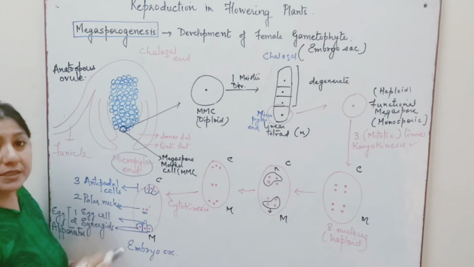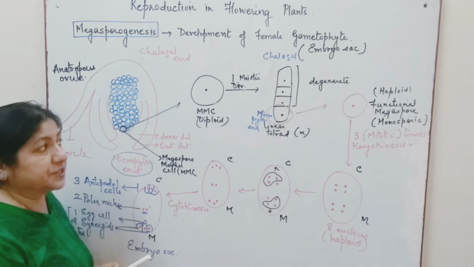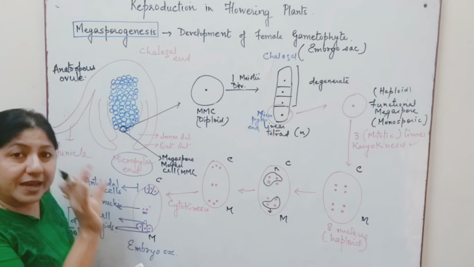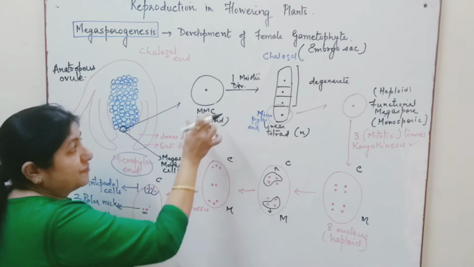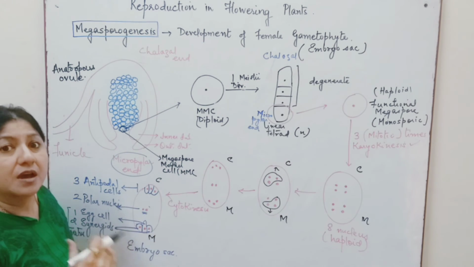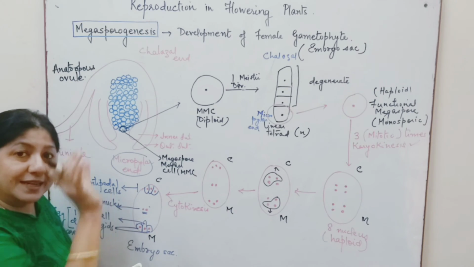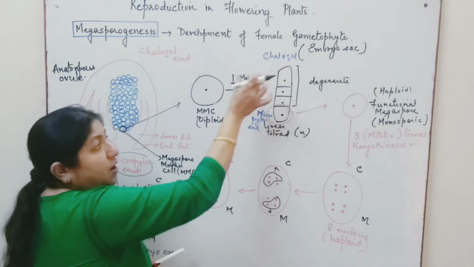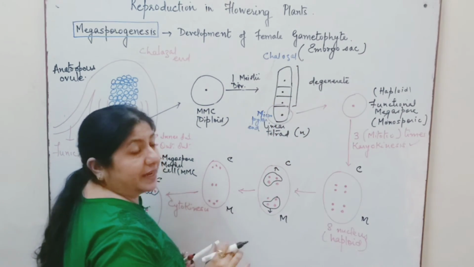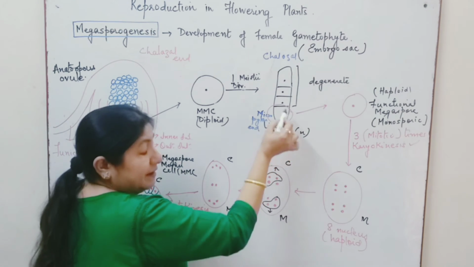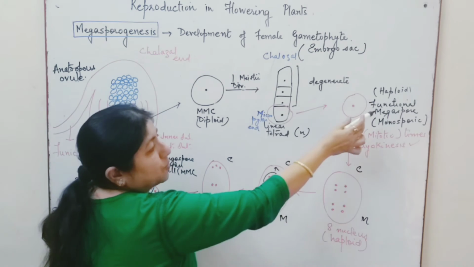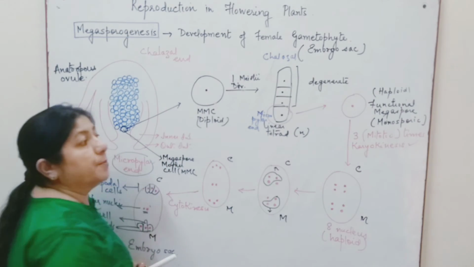This Megaspore mother cell undergoes one meiotic division to form a linear tetrad. That means in the angiosperms, the cells after one meiotic division will be arranged in a linear pattern from the chalazal end to the micropylar end. Out of this, the three cells towards the chalazal end will degenerate, leaving only one cell, and that cell will be known as the functional megaspore.